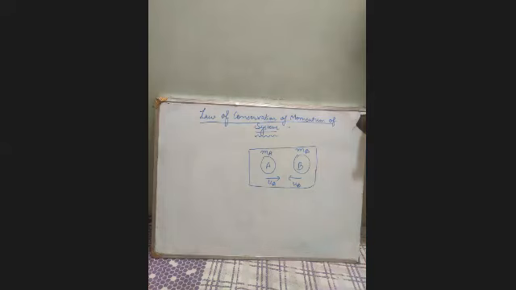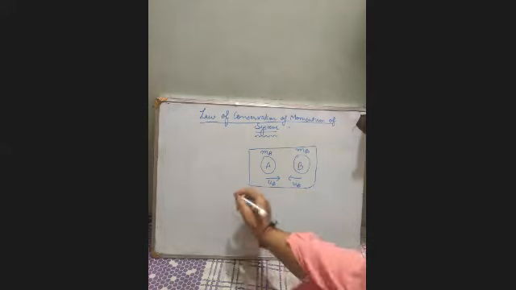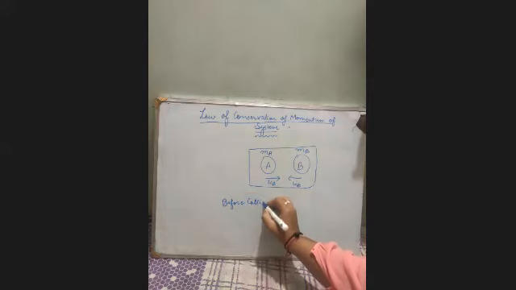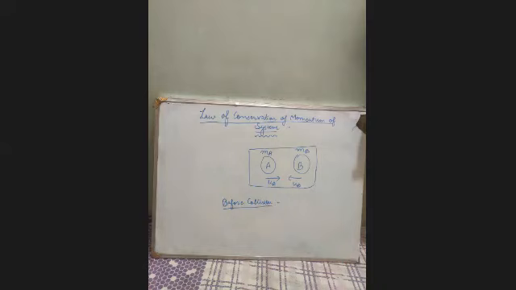All right. So what this law of conservation of momentum says, let's suppose before collision of these two objects, the velocity of A is ua and the velocity of B is ub.